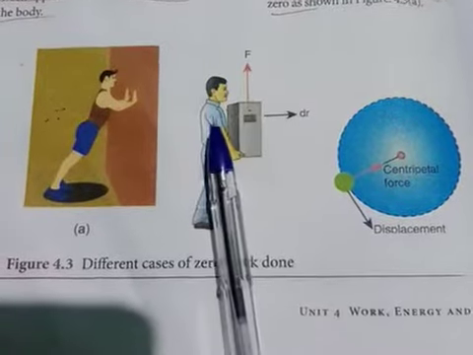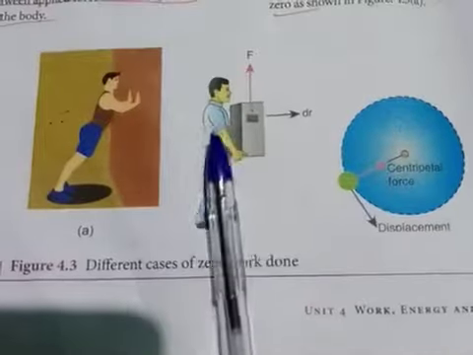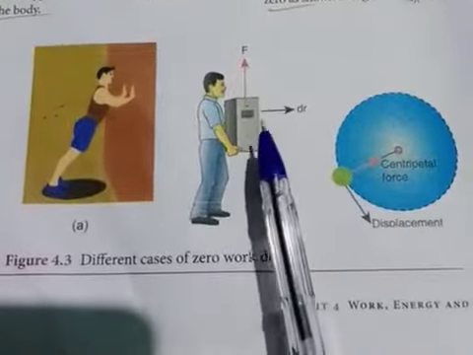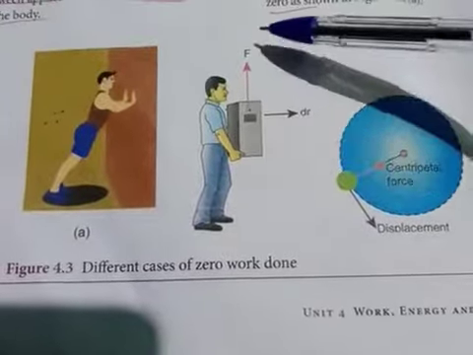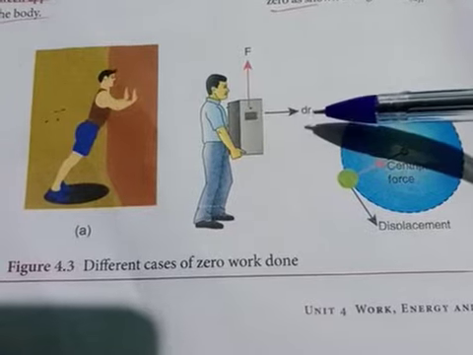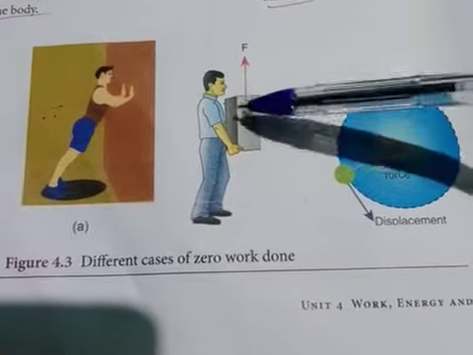You can see this diagram. A person is carrying a CPU in his hand. Here you can see that the force and displacement are perpendicular to each other, 90 degrees to each other.